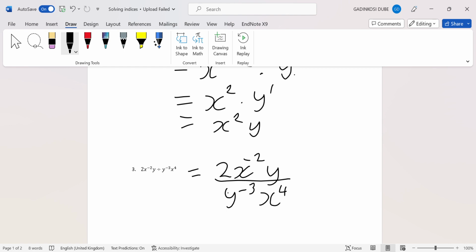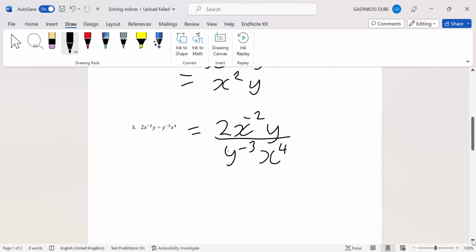So it's division: you take like terms and apply the rules. The same base for y, you see how you subtract the powers? The same thing applies to x.